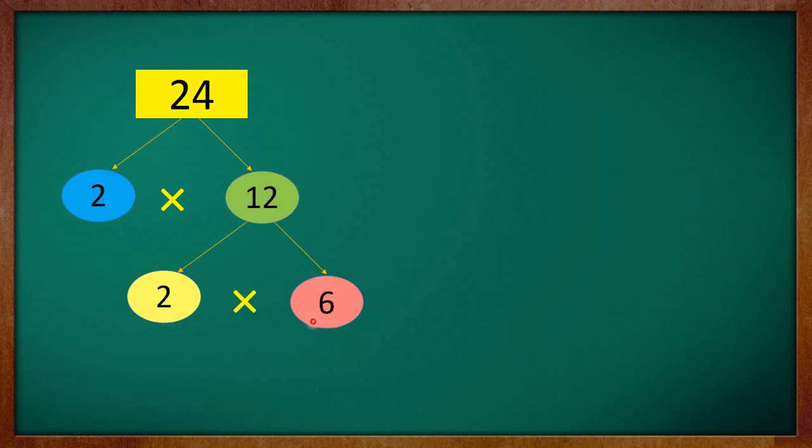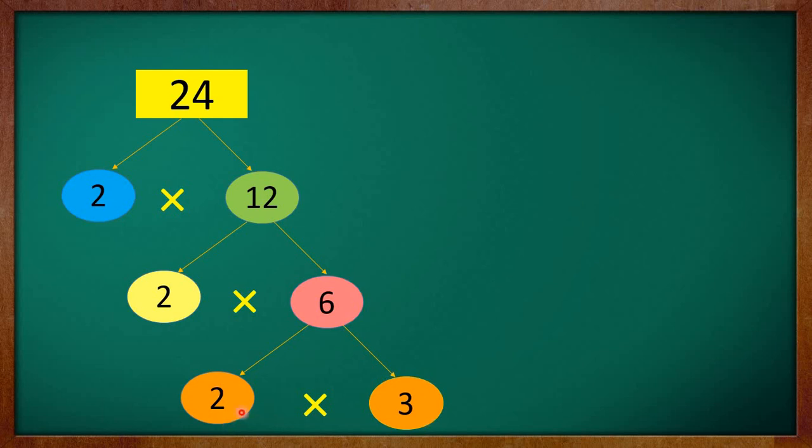Now 6 again is an even number. That means it is divisible by 2. So one of the factors of 6 would be 2, and the quotient of this division will be 3. So the multiplication fact 2 multiplied by 3 will give us two factors of this branch, which is 2 and 3.